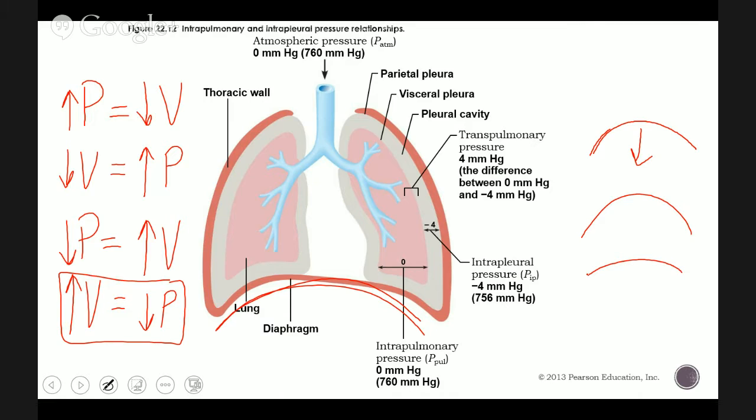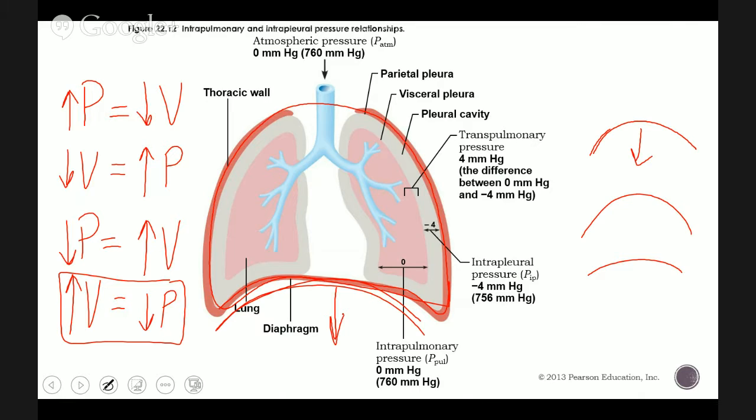So if you look at this entire thoracic cavity here that contains the lungs, if I drop the diaphragm down, what's that going to do to the volume of the thoracic cavity, the pleural cavities? Is that going to make the volume bigger or smaller?